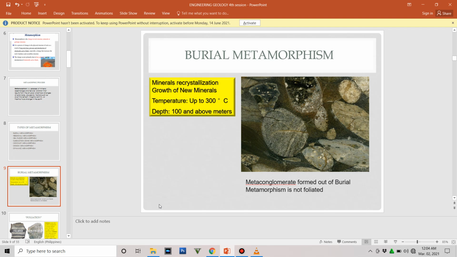So evidently, this metamorphism is not foliated.